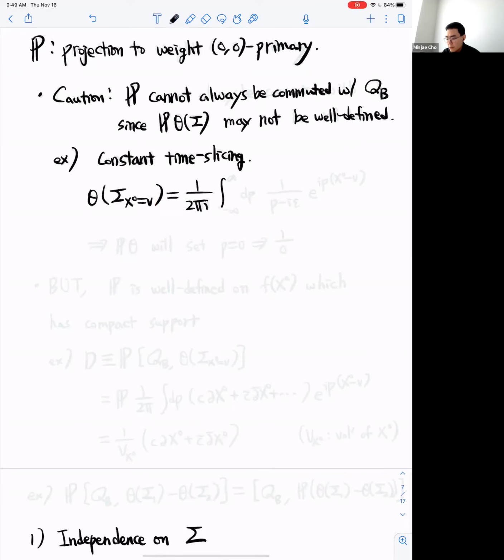And how do we write down an explicit expression for this type of thing? Well, we can use the Fourier transform of the step function. If you are confused about this, you can take one derivative of this. That's going to bring this down, and you will not have any factor, and you recover the usual delta function.